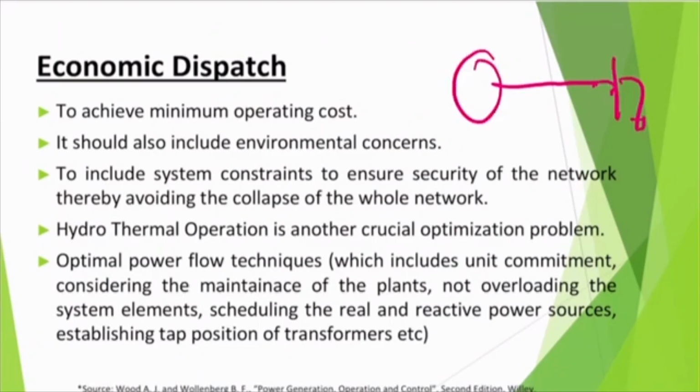If I keep on increasing the generator output to make it economical, but the transmission corridor is not capable of carrying it, imagine the capacity is 100 MVA, and I would like to produce 120 MVA of power, certainly we cannot carry it. So there is a violation of security.